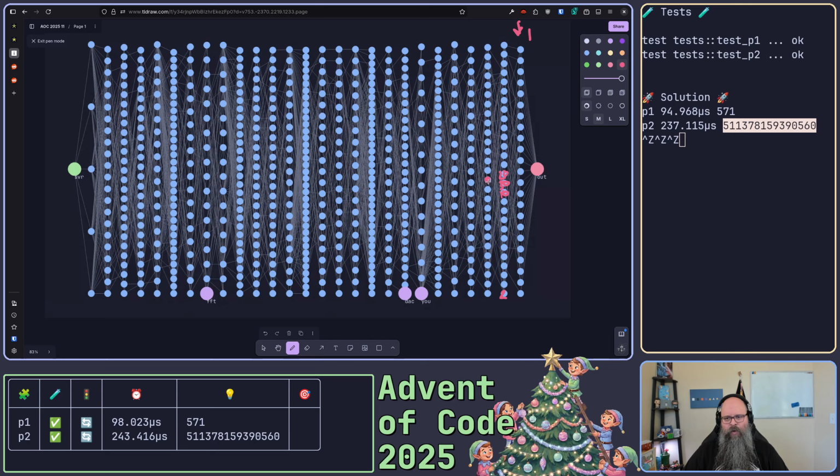We have a DP function where we do an if check, a sum, and then return our solution. For P1, we literally just call that from you to out. For P2, we just call it 6 times and multiply the results of one direction versus the other, and add those together to get the answer.